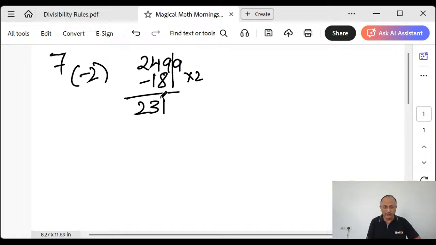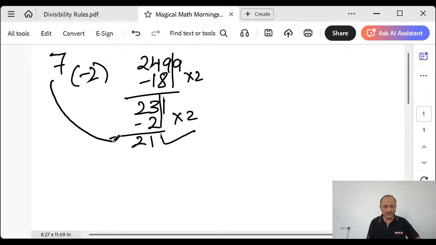If you don't know, you continue the same operation. Last digit multiply by 2 and then subtract from the remaining one. 21 is divisible by 7, therefore it is divisible by 7. Correct? When it comes to 7, sometimes it's very easy to do with normal division also, but I'm teaching this trick mainly because it can be extended to the higher prime numbers.